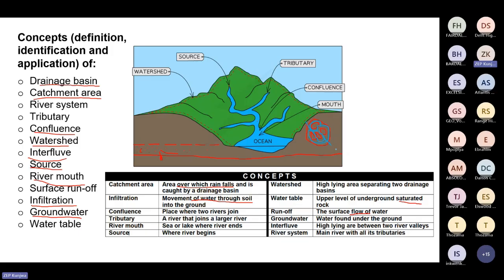Now, porosity and permeability have a positive correlation. By that, what do I mean? I mean, if you have high porosity, you also expect to have high permeability, because if the water can pass through, it also means that there are spaces in between the medium that have allowed water to go through.